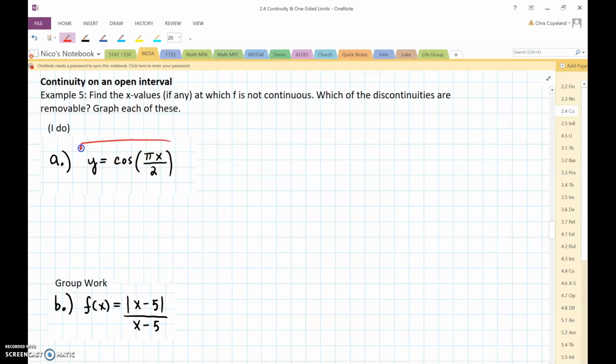So here's my function. Y equals cosine of pi x over 2. Typically the period of the cosine function is equal to 2 pi, and we're going to say that that's equal to t.